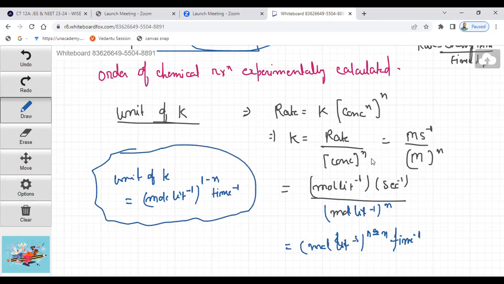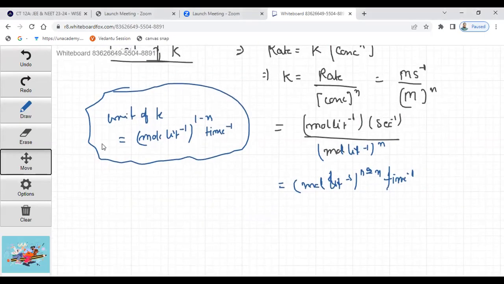Write it down: the unit of k will be equal to mole liter inverse to the power 1 minus n, into time inverse.